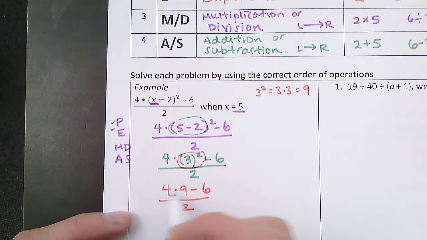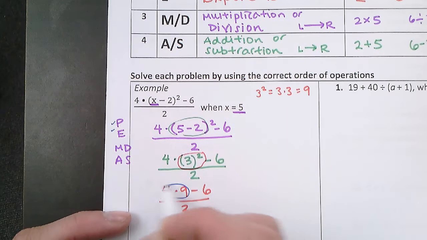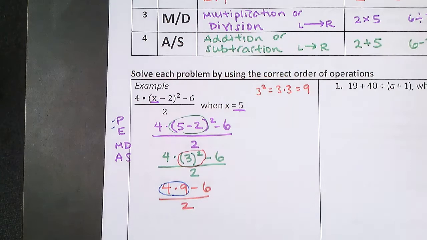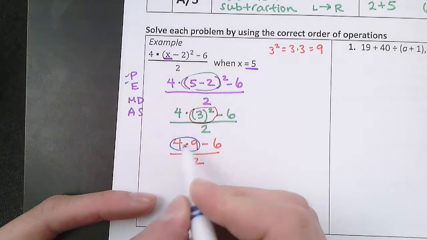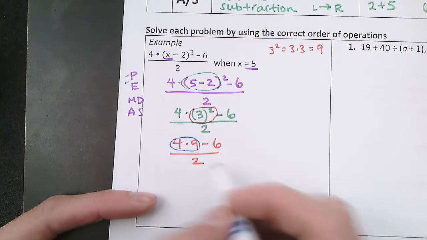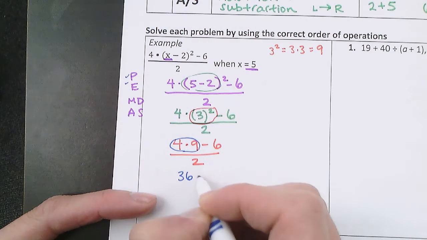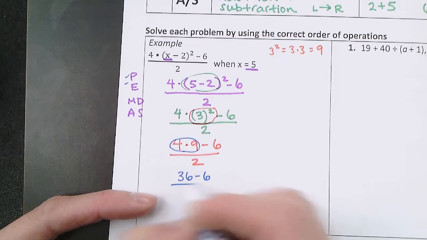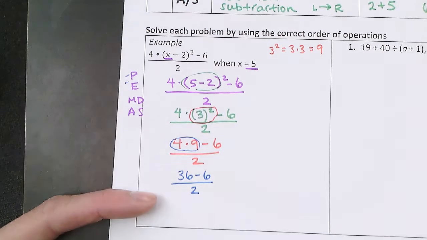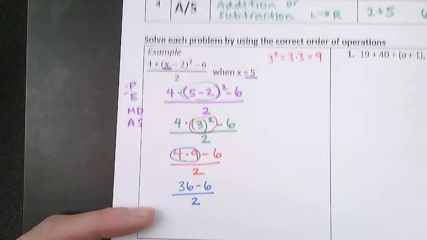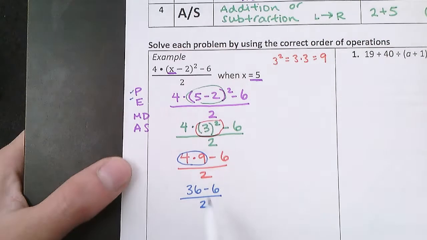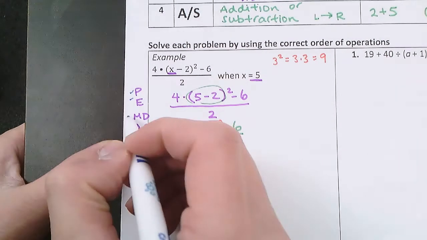I have 4 times 9. So I'm going to circle that because that's what I'm going to do next. So 4 times 9 is 36 minus 6. I still have that same minus 6 over 2. All right, and then that's all the multiplication and division that I can do.